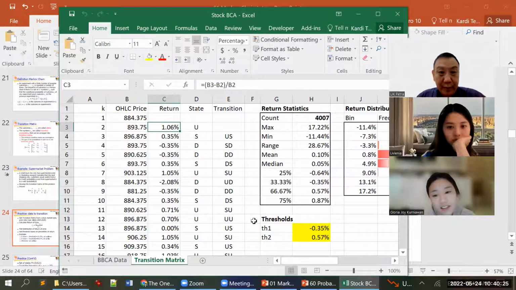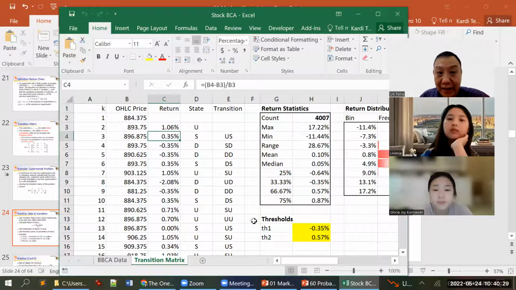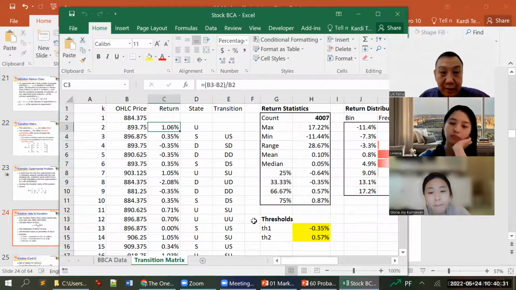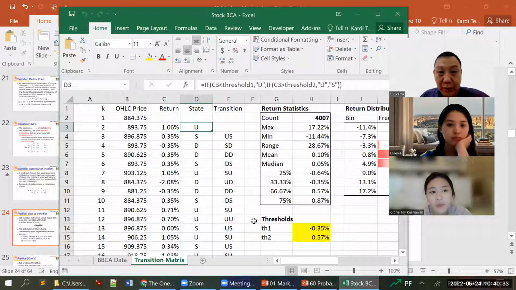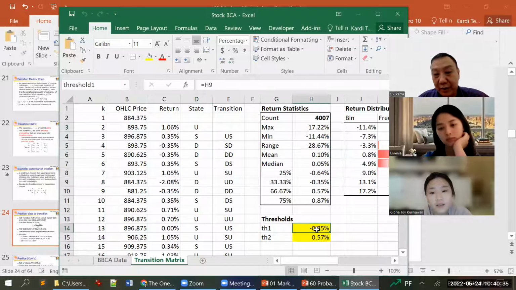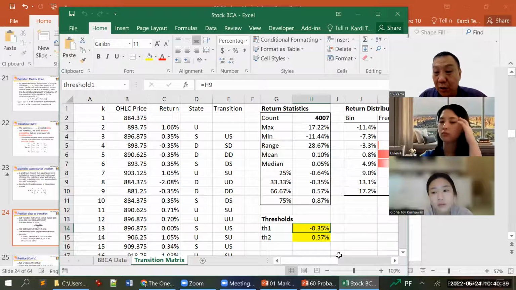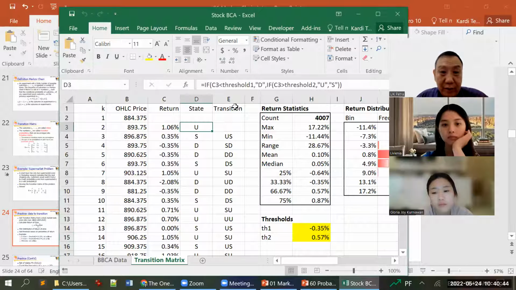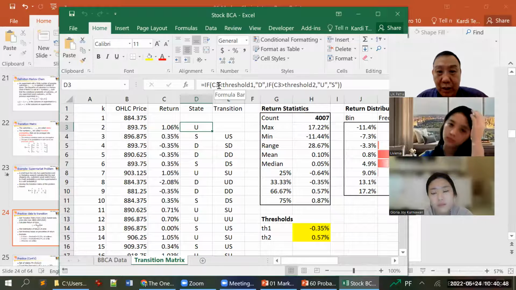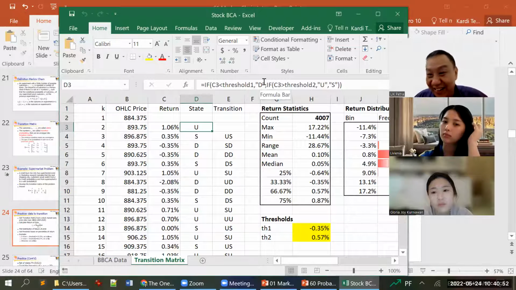Once you know the return of the price, you just put a threshold that you define on your own. So if the value of the return is below a certain threshold, I will call this D, down.